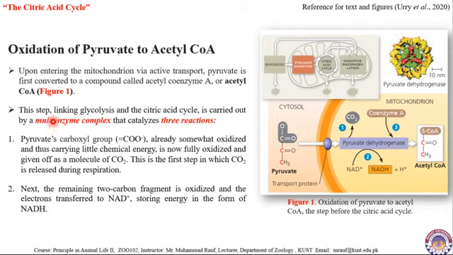So this process will happen twice, 1 NADH molecule for each pyruvate. So we can say that the oxidation of pyruvate to acetyl coenzyme A produces 2 NADH for the 2 pyruvate molecules.